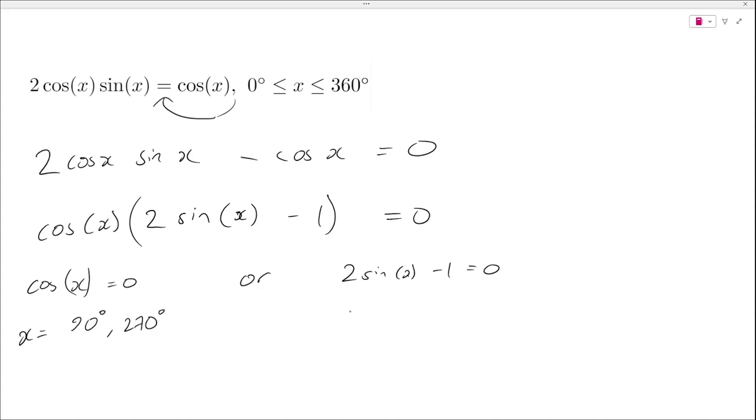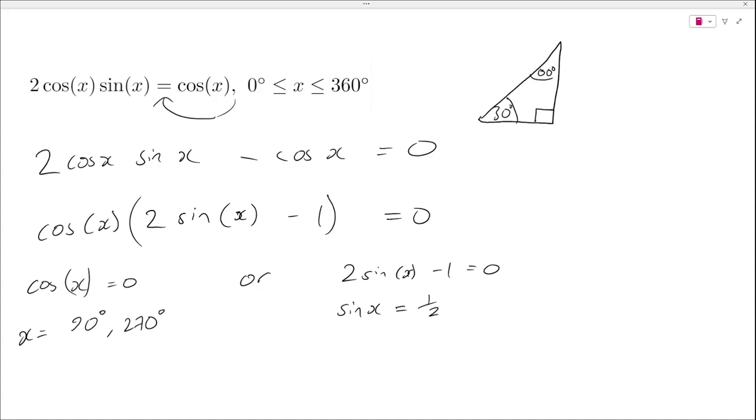Or on the flip side, we have 2 sine x minus 1 equals 0. Let's quickly solve that for sine of x, so plus 1 to both sides, and then divide both sides by 2. We get sine x equals 1 over 2. This comes back to one of our known triangles, because we should recognize the values for the special triangle of 30 degrees and 60 degrees.